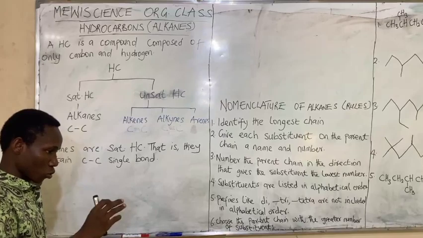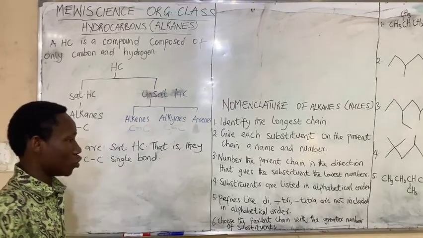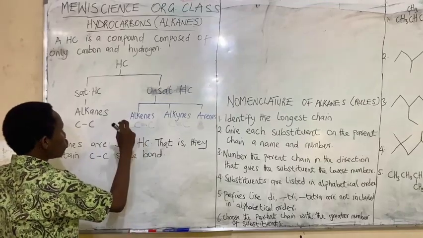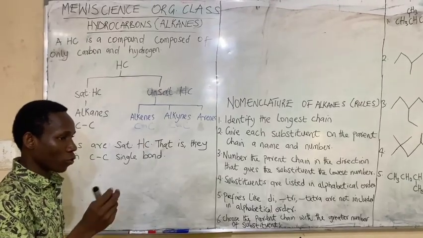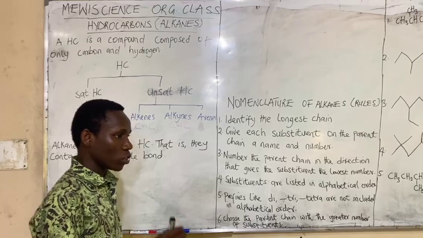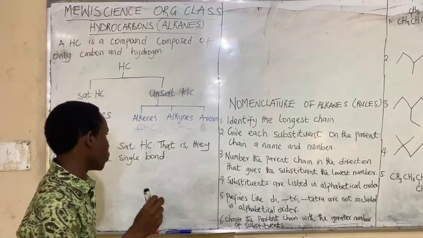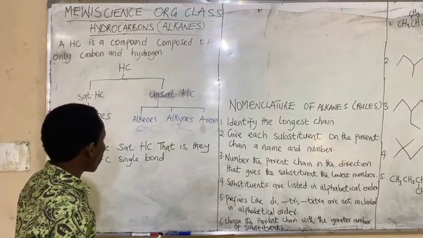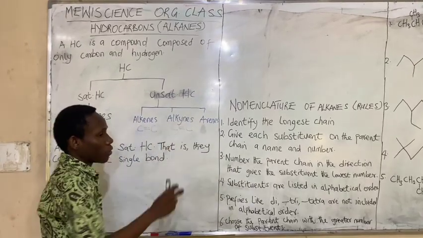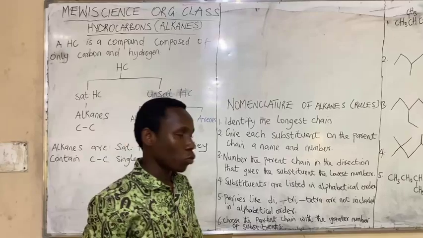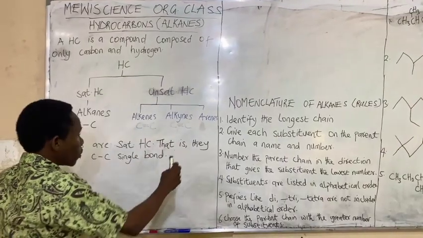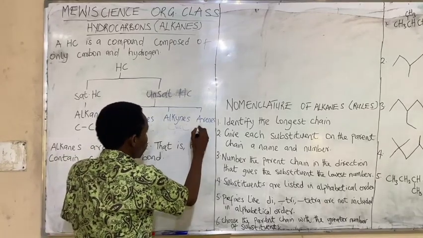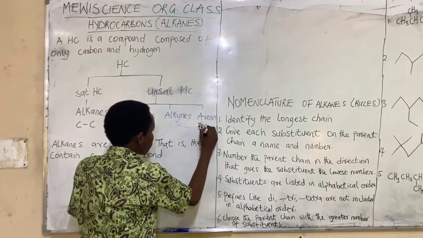In a particular alkene structure, you may see one double bond, two double bonds, 3, 4, and so on. So when you see a double bond, then you know that it is an alkene. We also have the alkynes, which have carbon-carbon triple bonds. While the arenes are the benzene rings; with benzene, we talk about aromatic hydrocarbon.